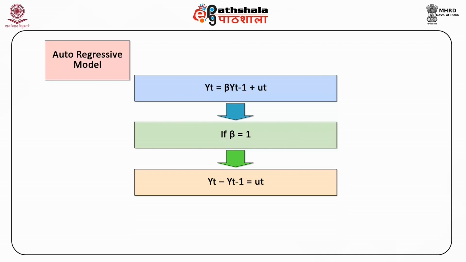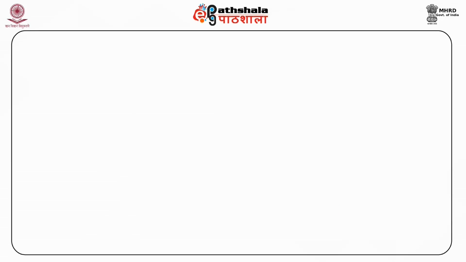This means that the first difference of the endogenous variable Yt is equal to the white noise term ut. The problem of unit root arises, which leads to a non-stationarity problem in the series. Therefore, a unit root process is so called because the value of the coefficient of the first order autoregressive model becomes equal to 1.